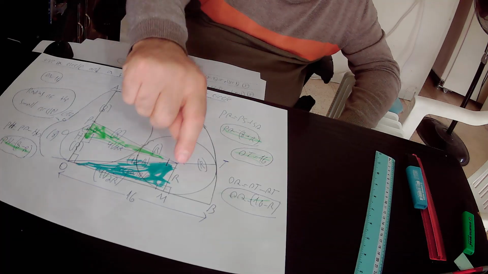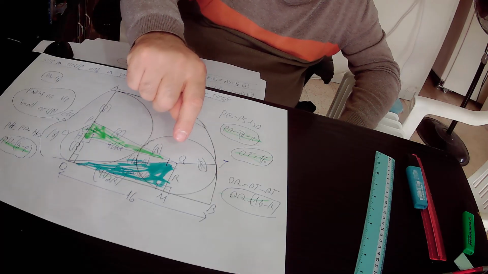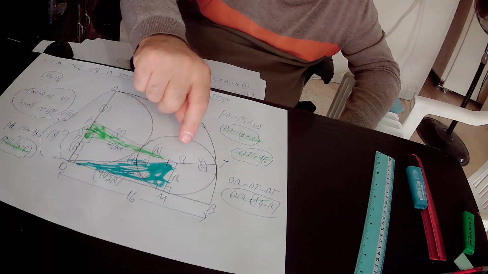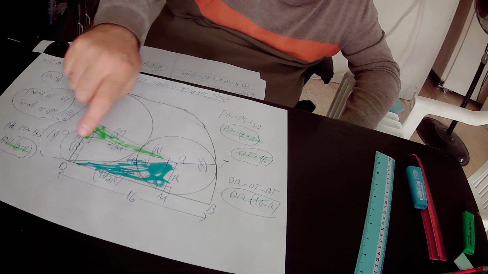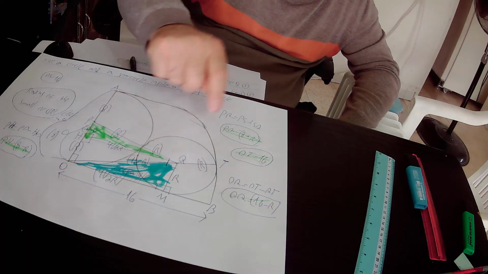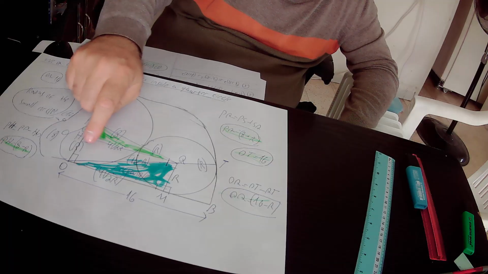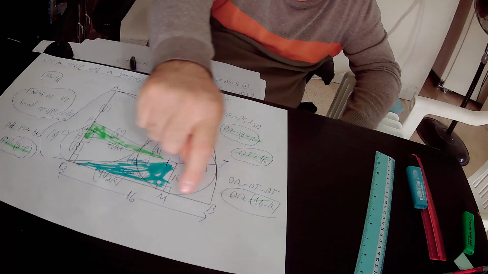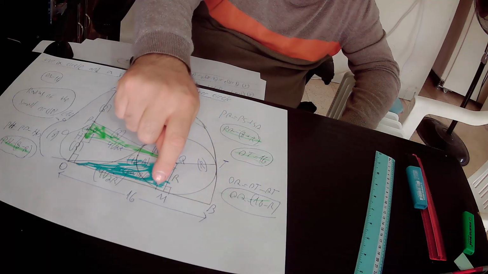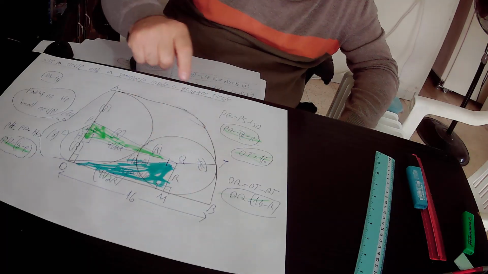Here we have the radius QM of this small circle, r is the radius that we are looking for, drawn to point M, the point of tangency of tangent OB with this small circle. Whenever a radius is drawn to the point of tangency, then tangent OB will be perpendicular to the radius MQ. If OB is perpendicular to MQ, it means that this angle equals 90 degrees and this angle also equals 90 degrees according to rule 1.